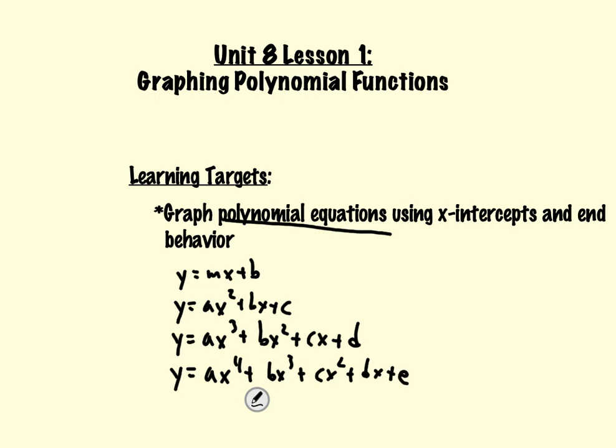All of those are examples of polynomial equations. And you might just have y equals ax squared, or you might just have y equals ax to the fourth. So any of those are polynomials. Well, we're going to be looking at their x-intercepts and their end behavior.